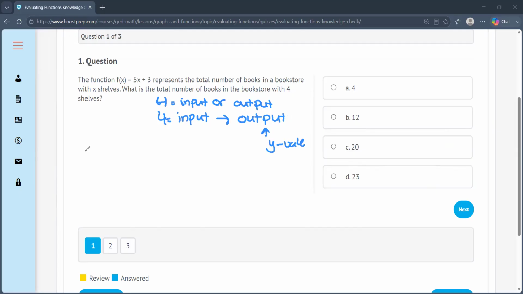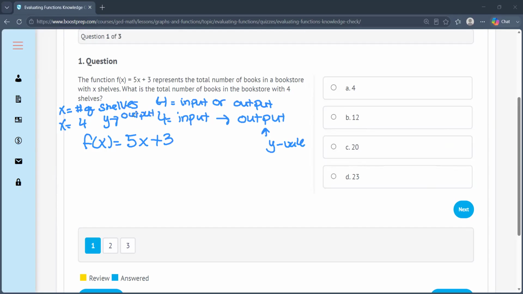So here's our function, f of x equals 5x plus 3. And we're going to plug in. x, believe it or not, is the number of shelves. In our case, our x value is 4. And then y is the output, but what is it really?